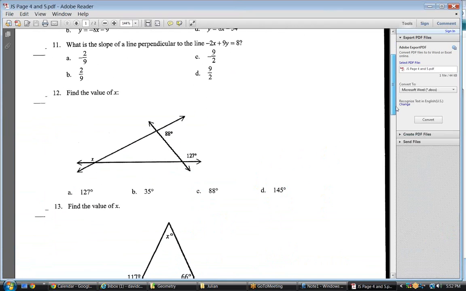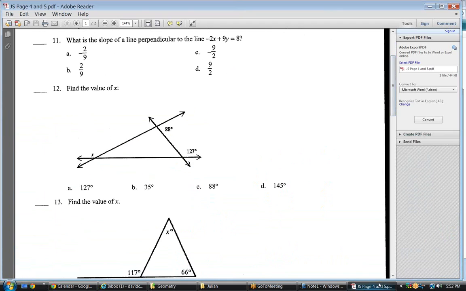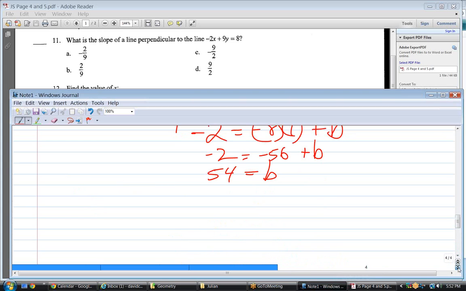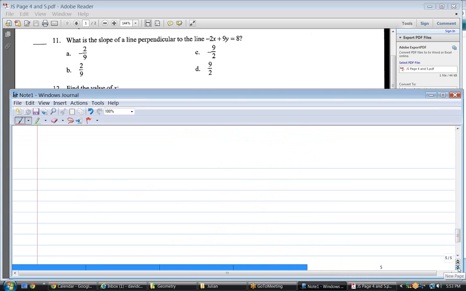So now let's do 11. So they give us this equation. This is a line. They don't want the equation of this line. They don't even want an equation.